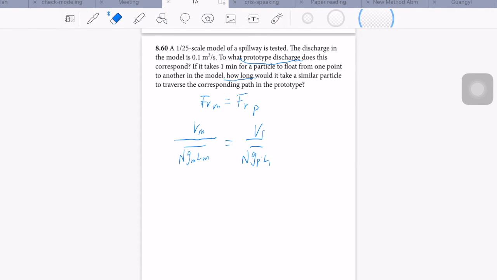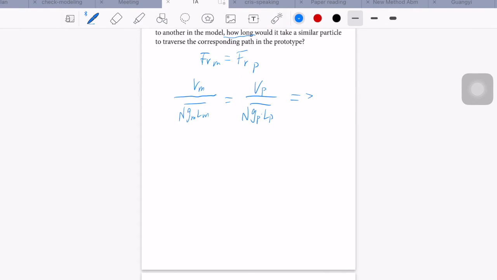We get that Vm over Vp should be equal to the square root of Lm over Lp. We call this equation 1.